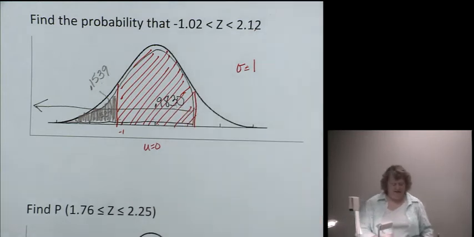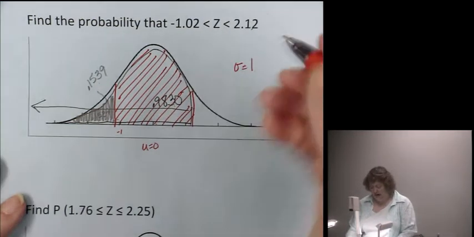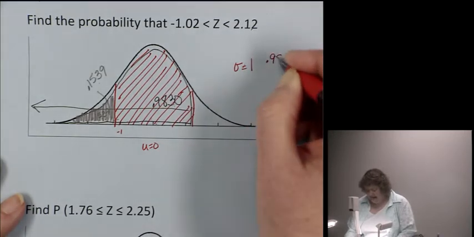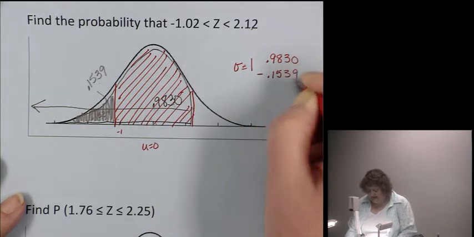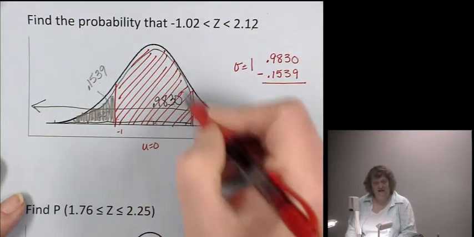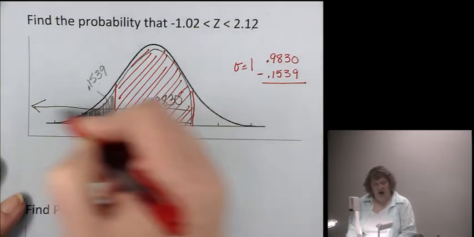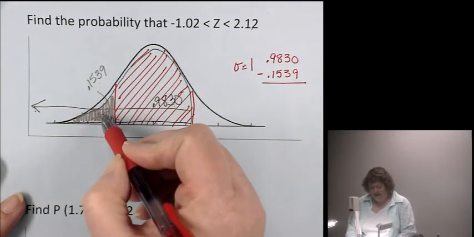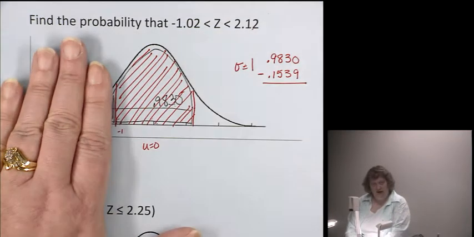So how am I going to get the red area? Well, I'm going to subtract. 9830 minus the 1539, that's the tail, will leave me just the red area. Because the 9830 is all of it back, the 1539 is just the tail. If I subtract out that tail, I'm going to be left with the red area.